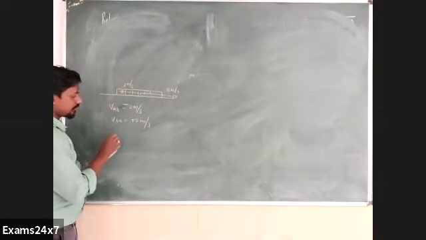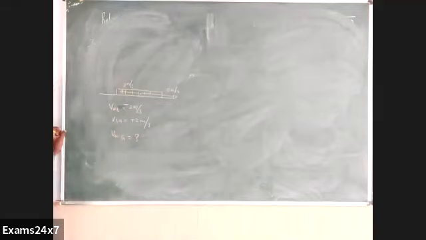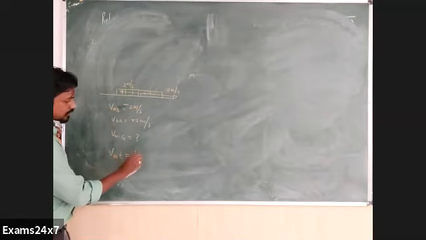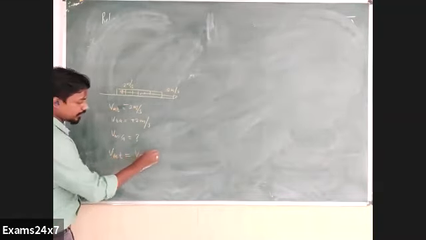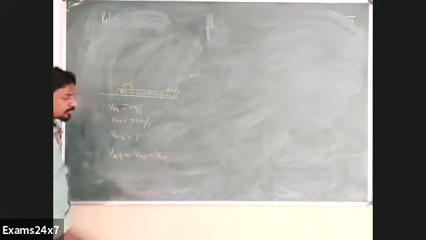What are you asked to find out? Velocity of man with respect to ground. Velocity of man with respect to train is velocity of man with respect to ground minus velocity of train with respect to ground.